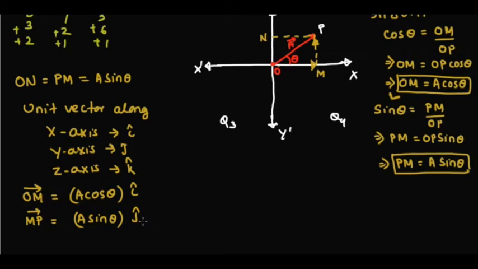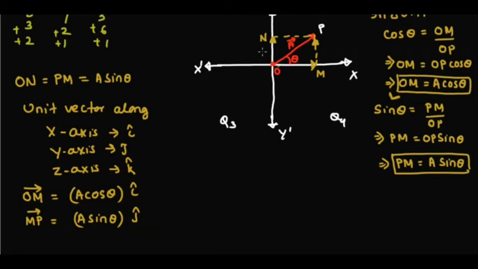Is that clear? And we know that MP and ON both have the same magnitude and they are parallel to each other. So if I draw a vector here, ON vector, you can see that ON vector and MP vector are parallel to each other and they have the same magnitude.